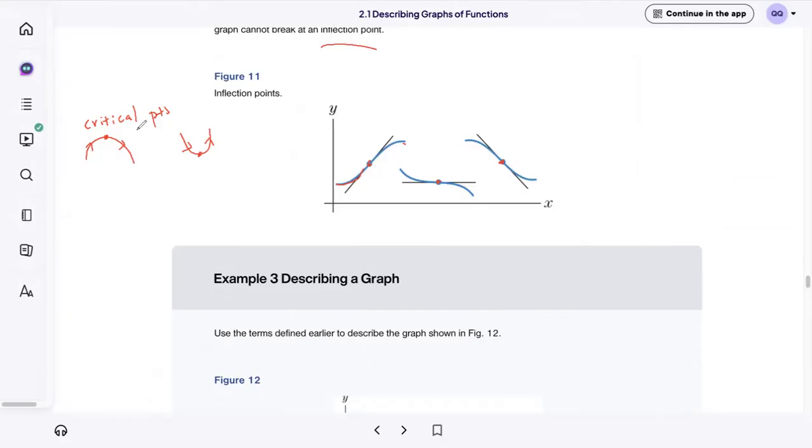The critical point is when the function's derivative equals 0. The inflection point we can find by setting the second derivative to be 0. So those inflection points make the second derivative 0, and these critical points make the first derivative 0.